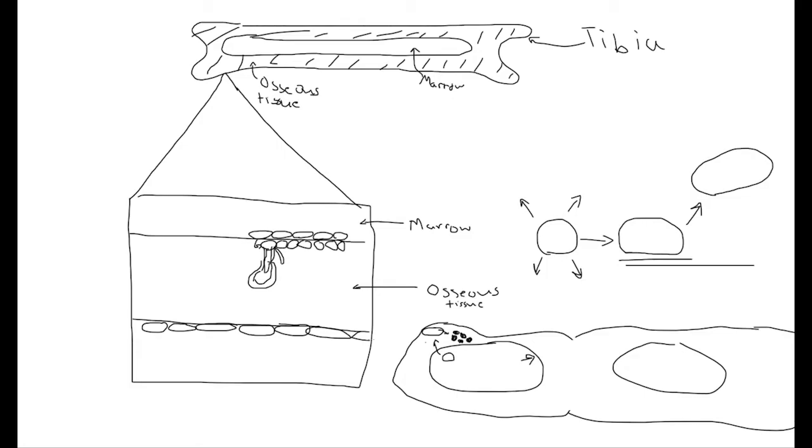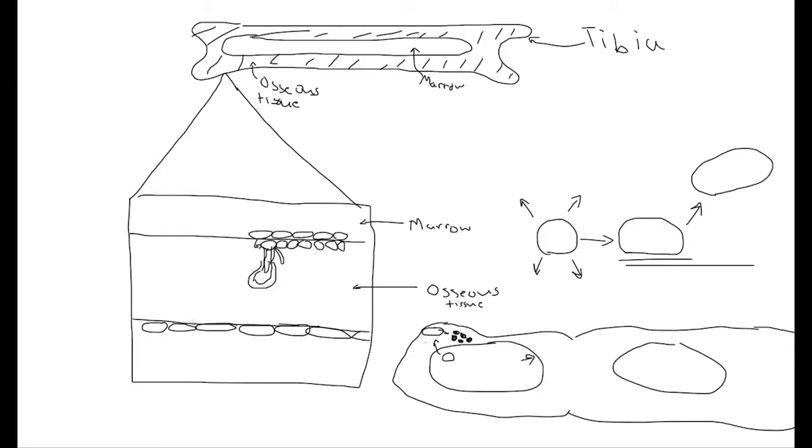They're thought to function in maintenance and nutritional support of these cells over here, so the cells that respond to mechanical stress. And they're also thought to regulate the movement of calcium and phosphate into and out of, in this case, our tibia.